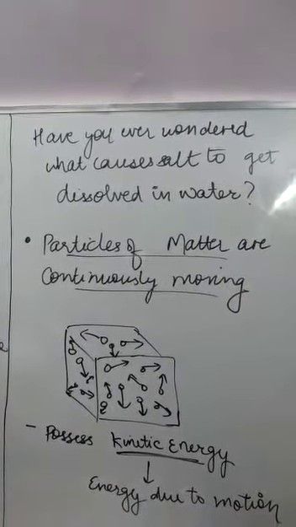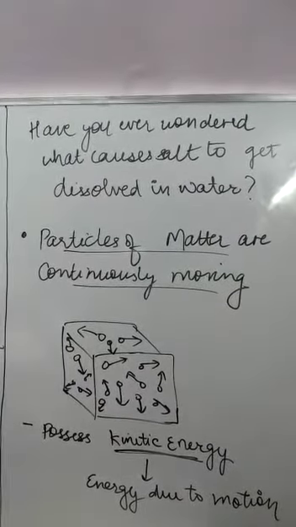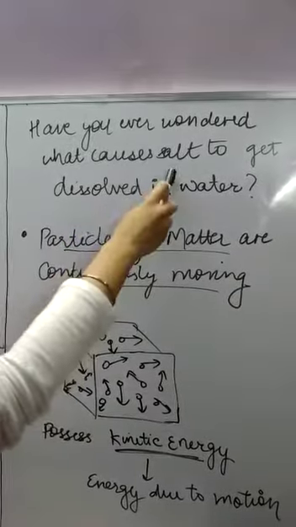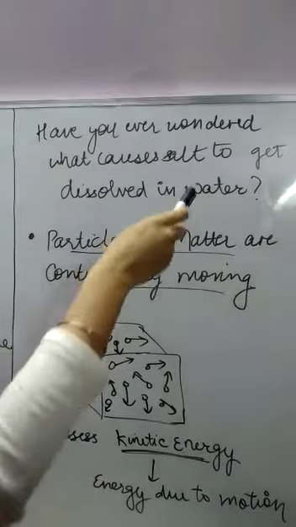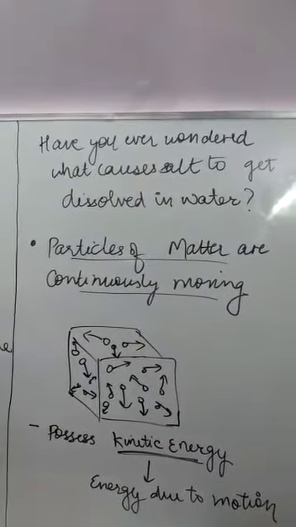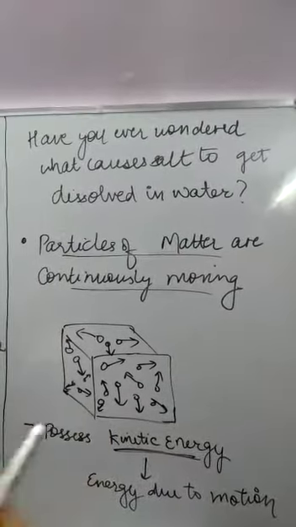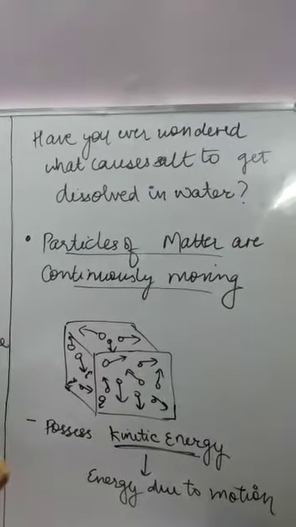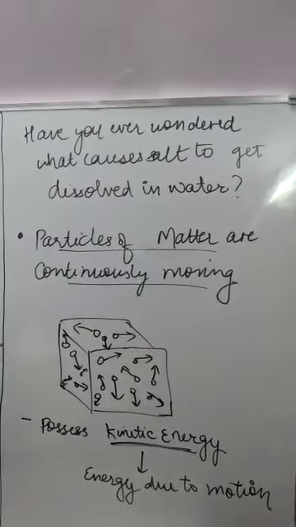Those particles cannot be seen with the naked eye. मतलब कि जो particles हैं salt के, वो जाके particles of water के spaces में चले जाते हैं and they get intermixed with each other. And those particles are microscopic in nature. So we can conclude that particles of matter have spaces between them.